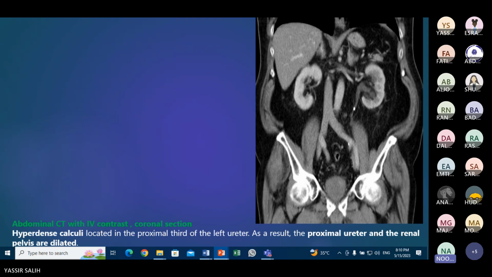Abdominal CT. What abnormality do you see? Take care of this slide. What is this? Liver.